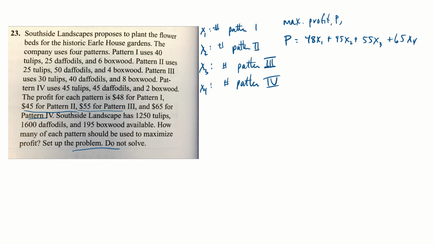That's my profit, so that's what we're trying to maximize. Now my constraints. I know I have to have positive constraints, so x1, x2, and so on are positive, a positive number of patterns.